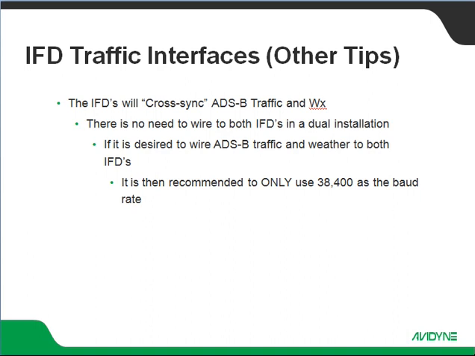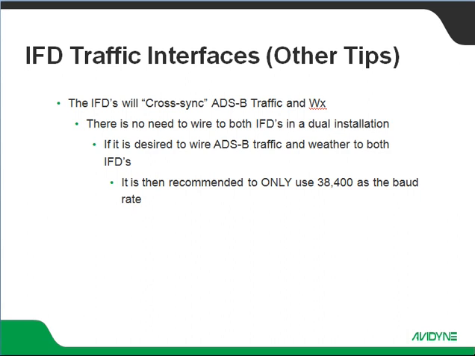IFDs will cross-sync ADSB traffic and weather. There's no need to wire both IFDs in a dual installation. I'm going to say that again. Cross-sync will cross-sync ADSB traffic and weather. There's no reason to wire both units. Okay. If for some reason you've got a customer out there that is diehard about wiring both units, go ahead and do it. It's fine.